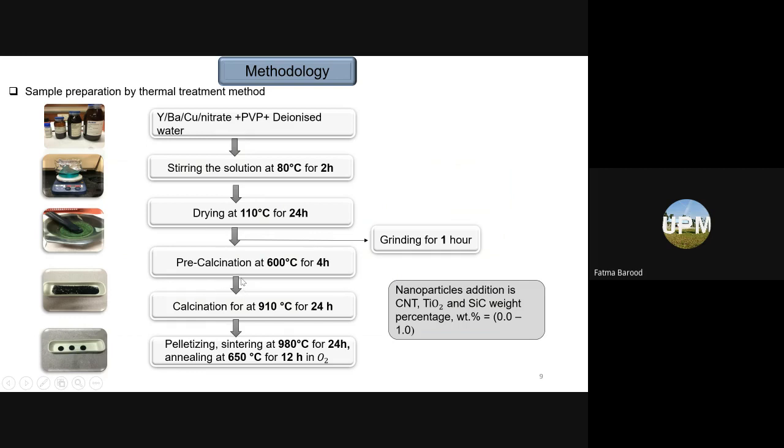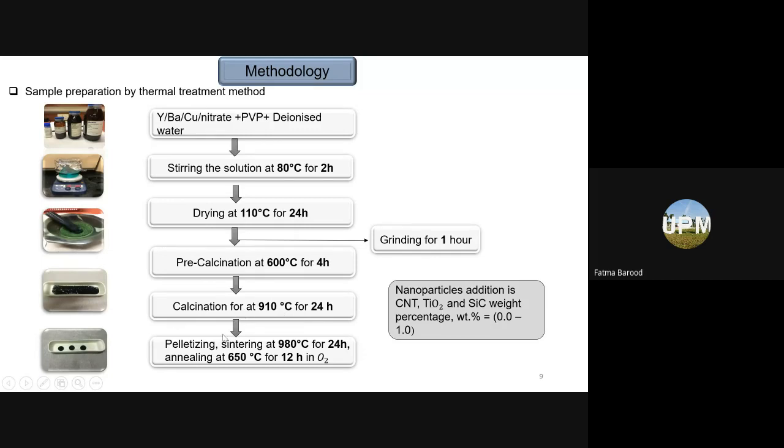Then the powder was precalcined at 600 Celsius for 4 hours. The powder was ground again for 15 minutes, then calcined for a second time at 910 for 24 hours.